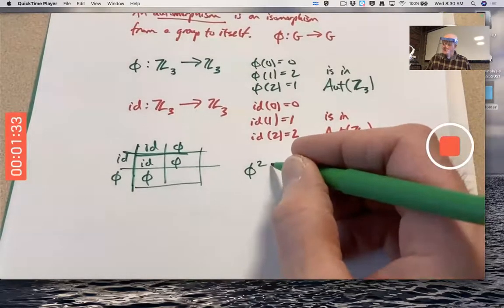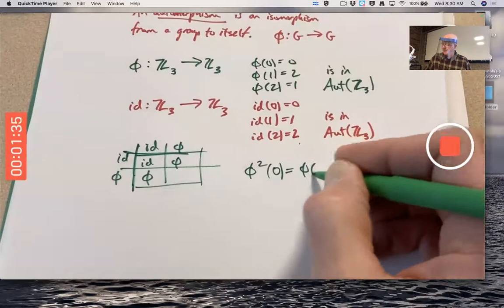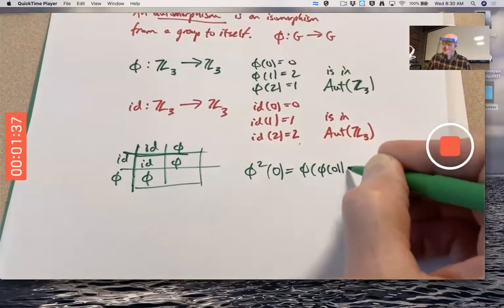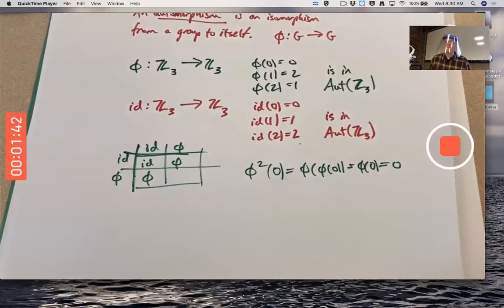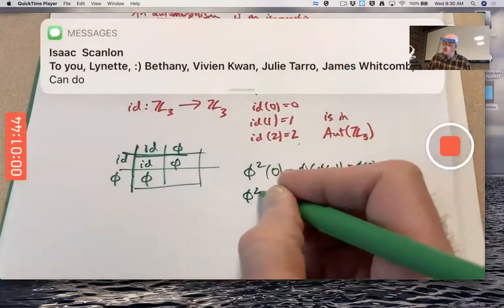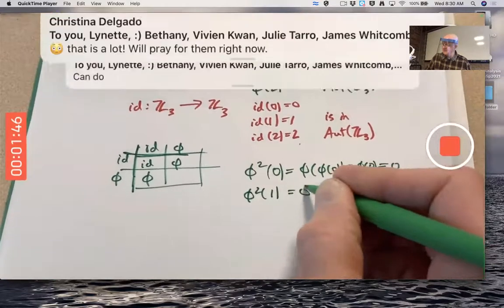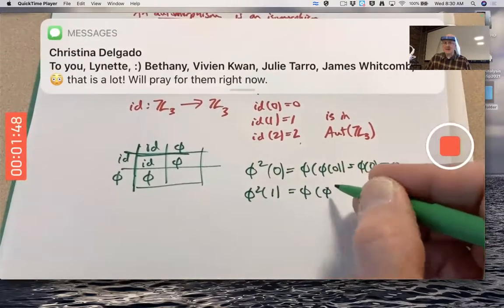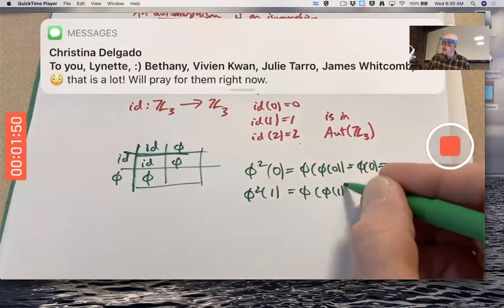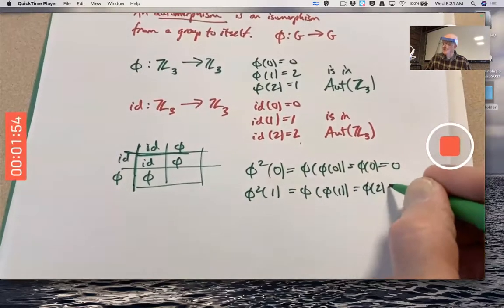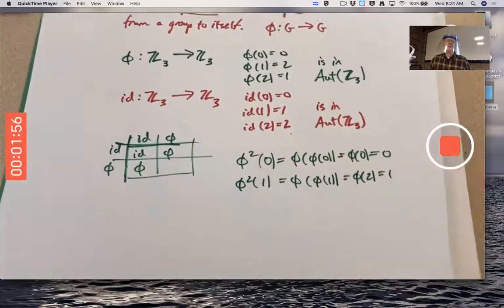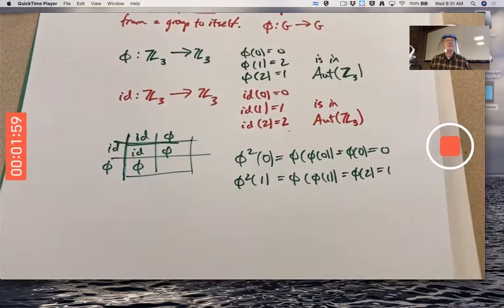Well, what does it map 0 to? Obviously, it maps it to 0. What does it map 1 to? Less obviously, it maps it to 1, but the intermediate steps need to be shown, something like that.